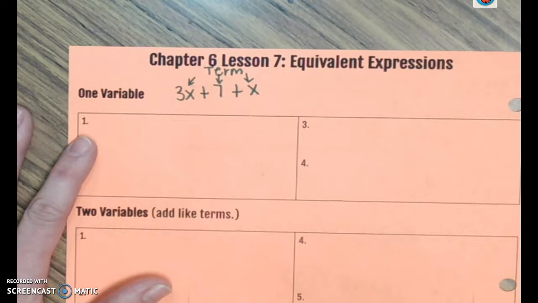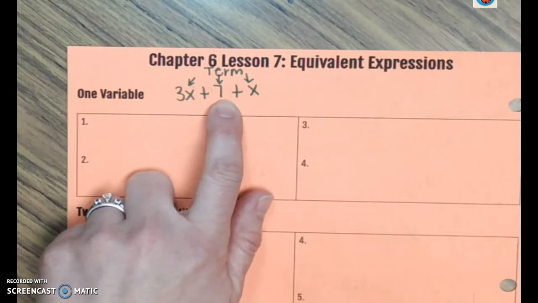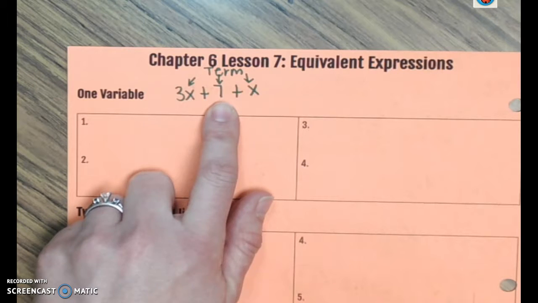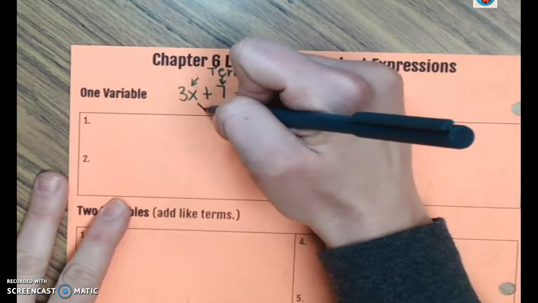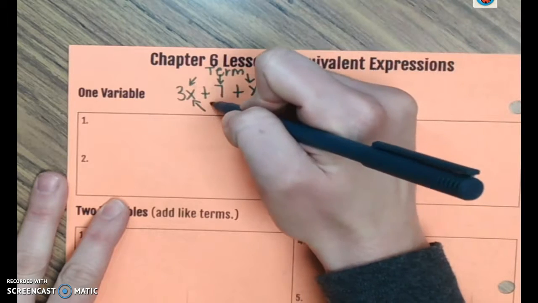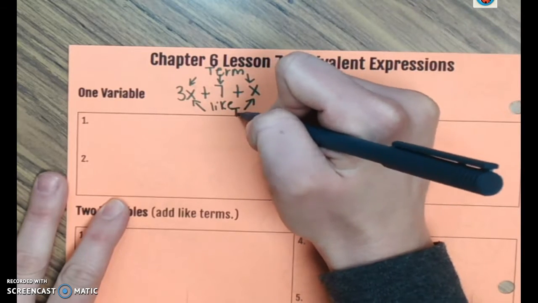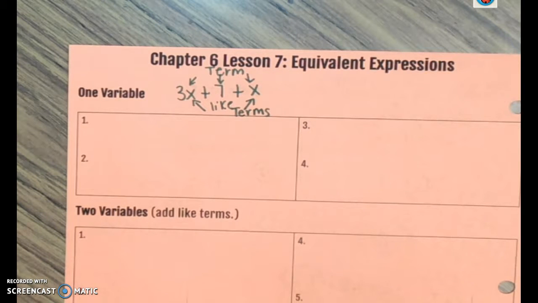A term without a variable is called a constant. So 7 doesn't have a variable next to it, so that's the constant. Like terms are terms that contain the same variables, such as x, 2x, and 3x. So we have 3x and x that have the same variable at the end, so these are like terms. And when we're talking about equivalent expressions, we can only combine things that are like terms.